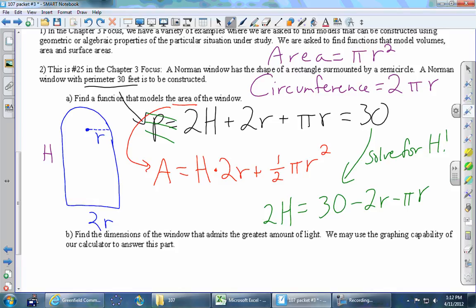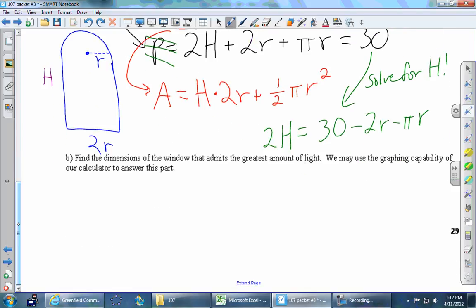Subtract the 2r, subtract the pi r. Again, the goal was to solve for h. What do we do? Divide everything by 2. So h equals 30 minus 2r minus pi r, all divided by 2. So far, so good.